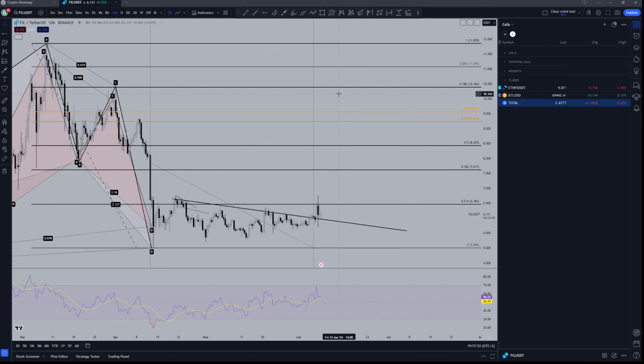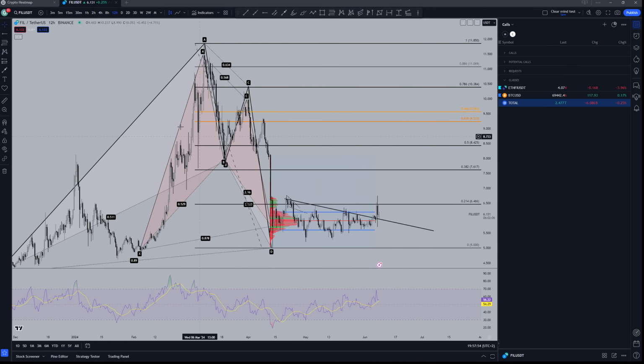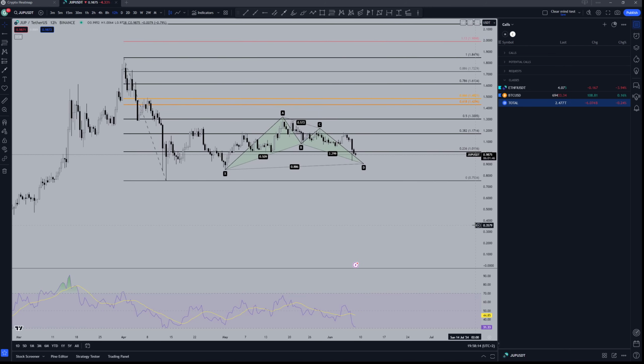So for example, on JUP here, this Bat is visible on like every altcoin. So many alts made this exact same Bat. And you're gonna notice there's gonna be periods where you see one harmonic the entire time, and then after that you're never gonna see it again for like a full year or something on a higher time frame.